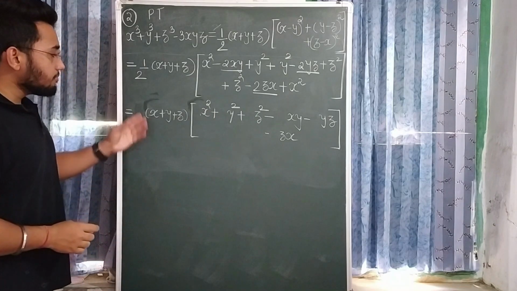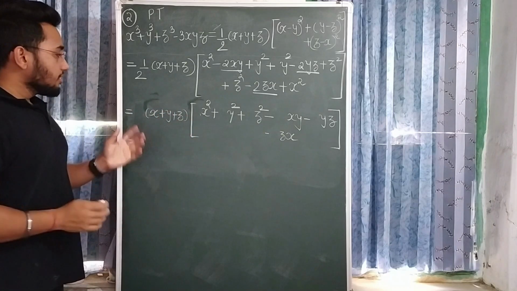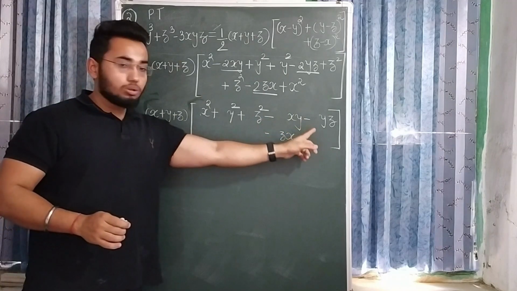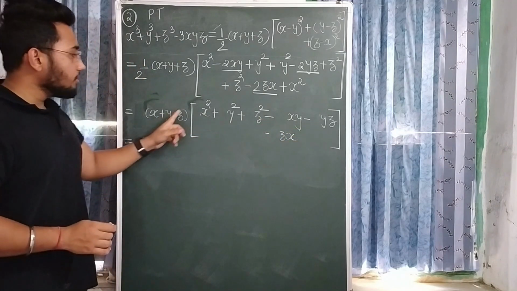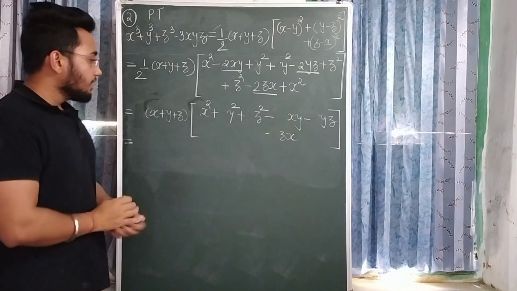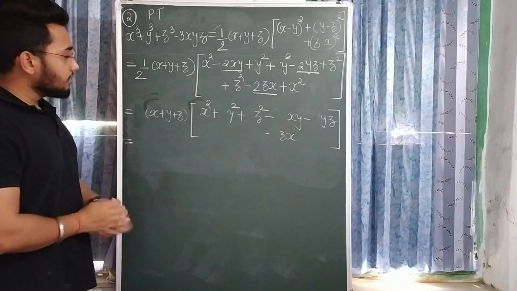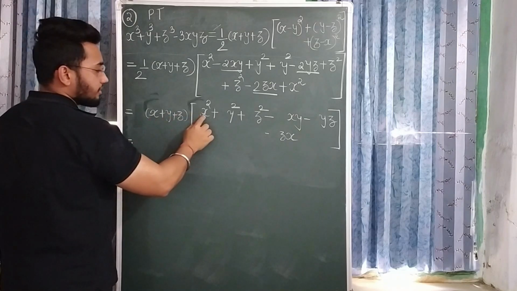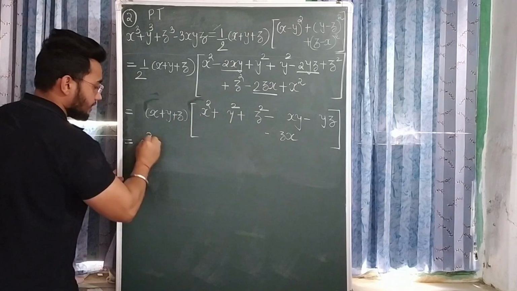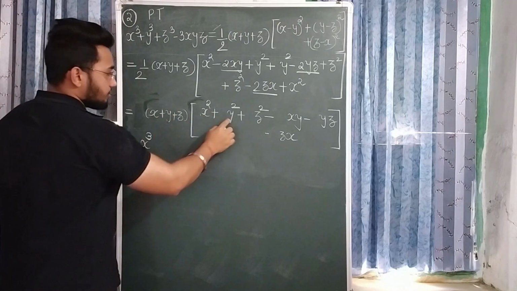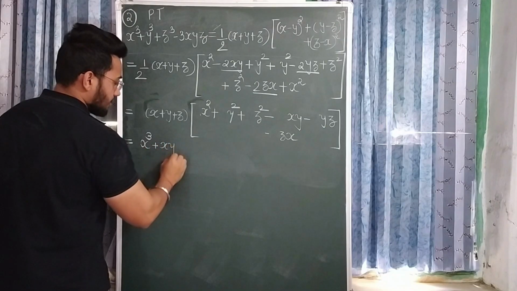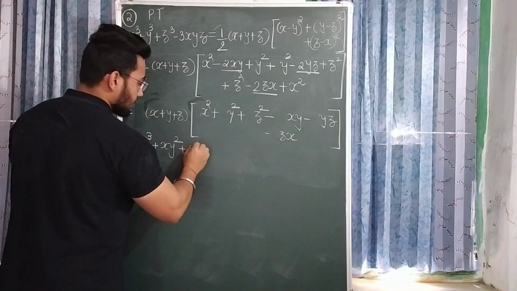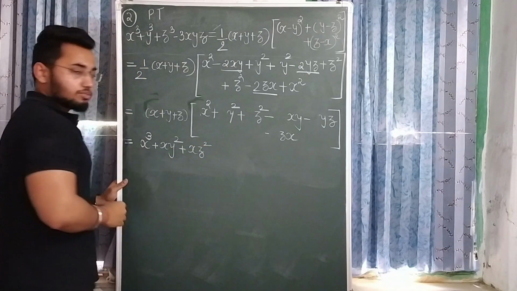Now we have to multiply these 2 brackets. How can we multiply? This x will multiply with all the terms. This y will also multiply with all the terms. And similarly, this z will also multiply with all the terms. Now x into x square, x cube, x into y square, xy square, x into z square, xz square.